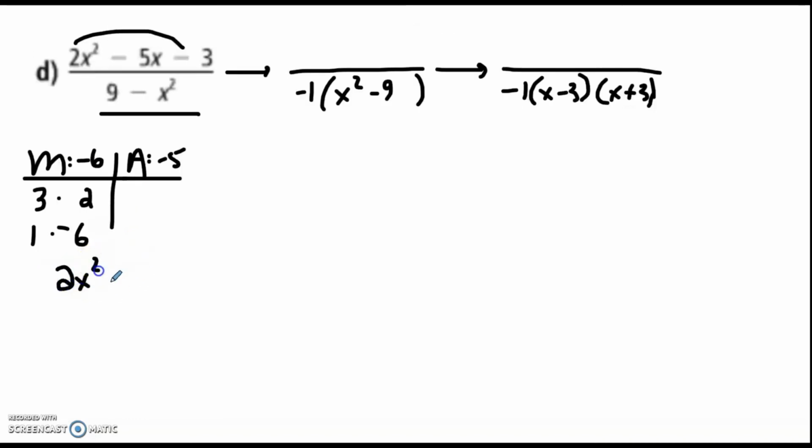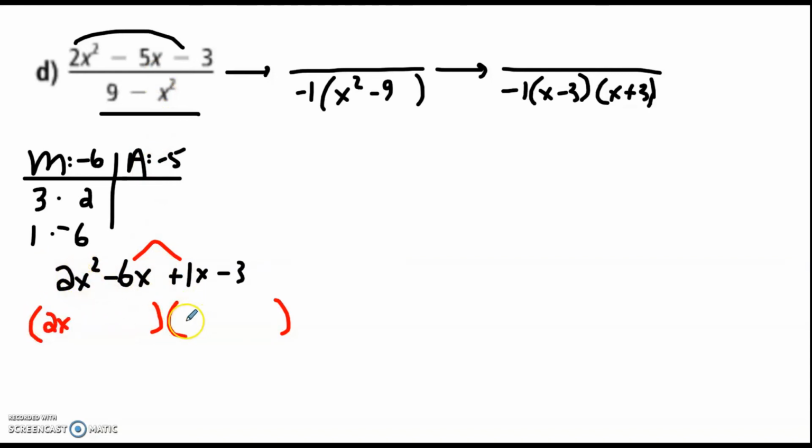So I'm going to recopy my original trinomial using my two terms. So 2x squared -6x plus 1x minus 3. And I'm going to go ahead and jump straight to the factored form here. Right, so I'm going to double check first. These two things should add up to -5x, which they do, so I'm looking good. From the first two terms, I can pull out a 2x.